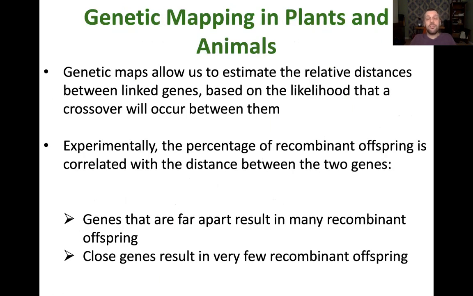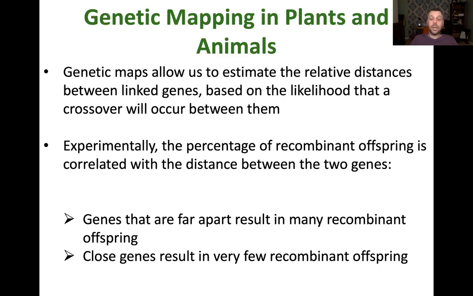Genetic mapping allows us to figure out not just the order of the genes, but how close they are together. If you think about recombination, you're swapping bits of DNA from one homologous chromosome to the next one. So the closer 2 genes are together, the more likely they are to move together. If genes are a big distance apart, they're more likely to get split up by a crossing over or recombination event.